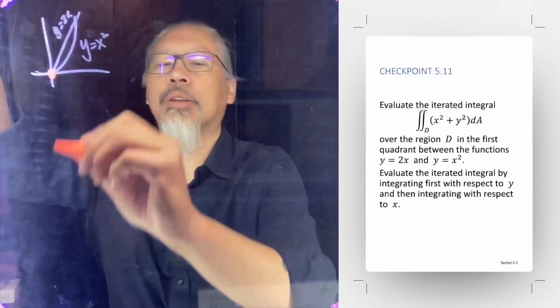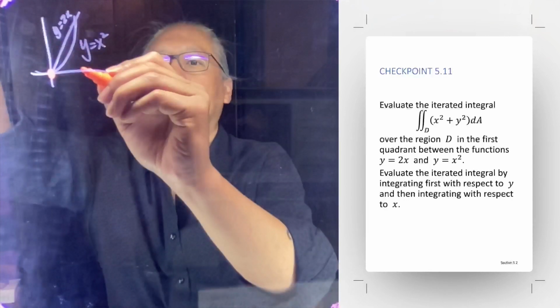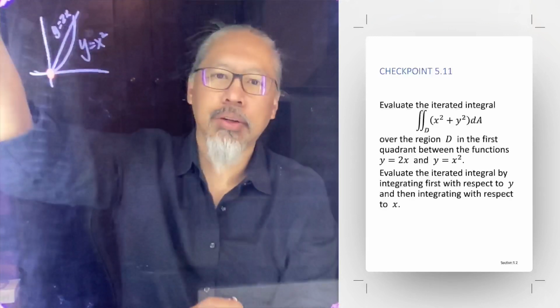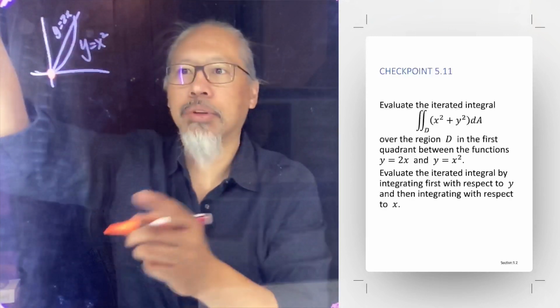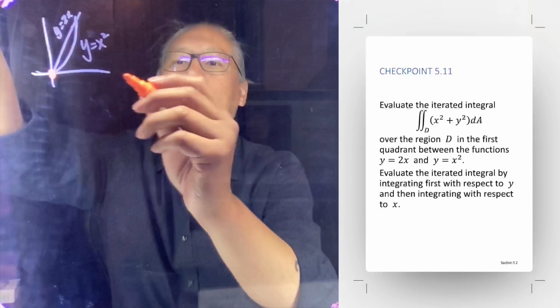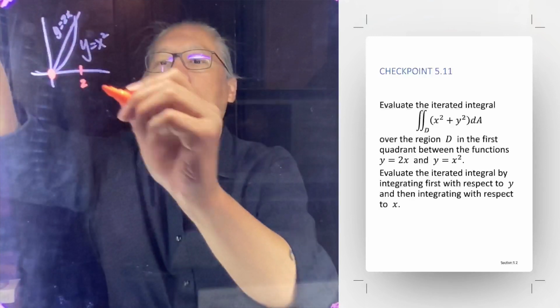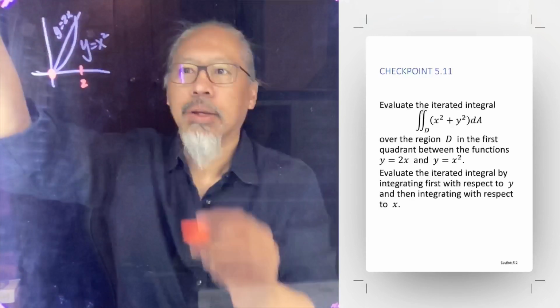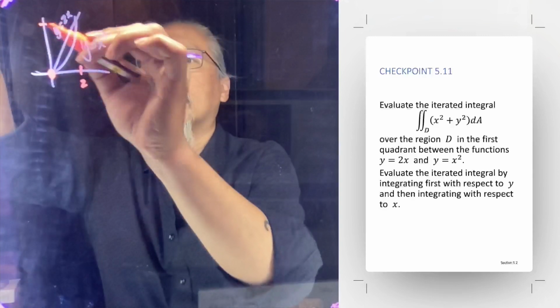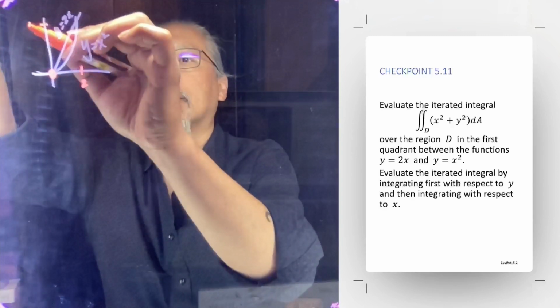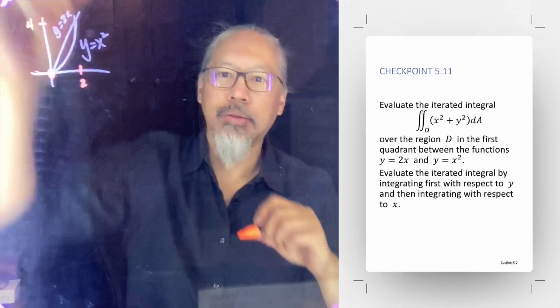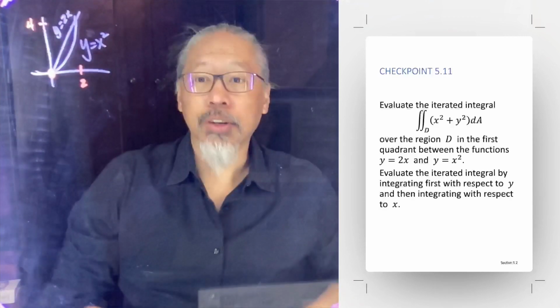Clearly one is 0. If you set these two equal to each other and factor out an x, you get x is equal to 0 and x minus 2 equals 0. So x is equal to 2, and the y value of that is going to be 4. When you put 2 in for either of those two functions, you get 4.